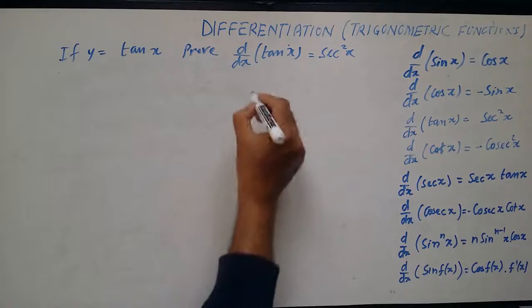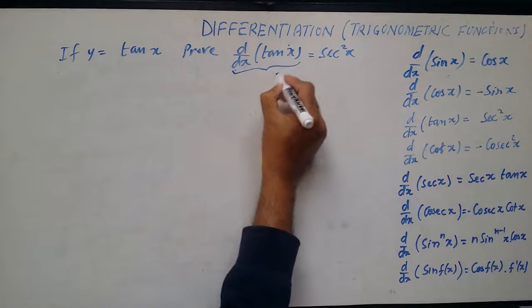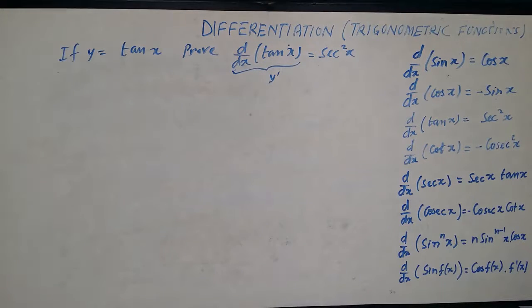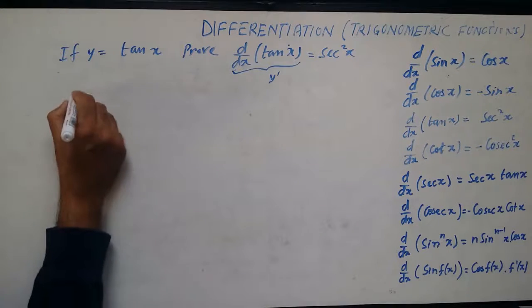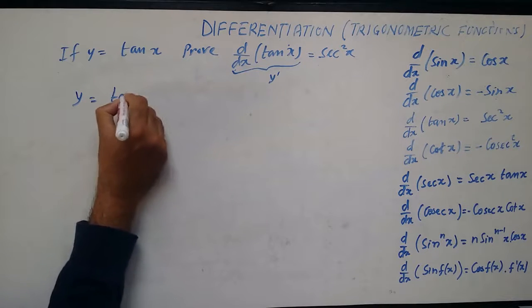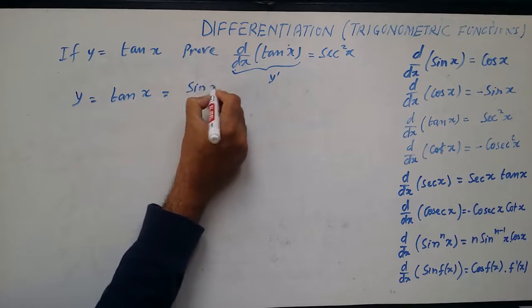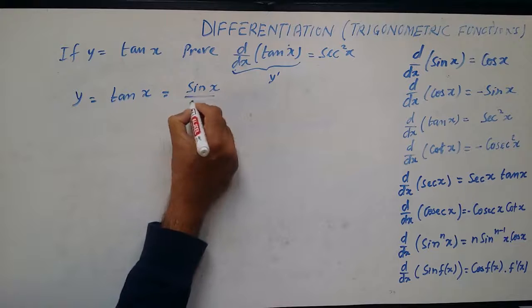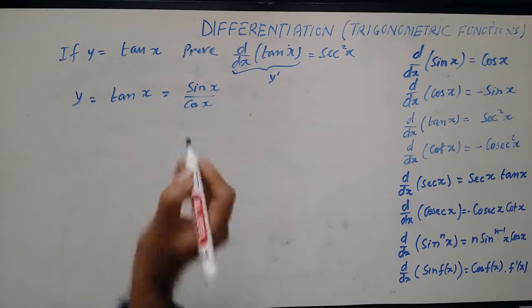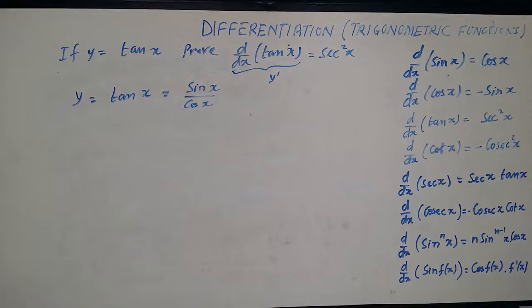So we know that y is equal to tan x. Let's split this into sin x upon cos x, because we know that tan x is sin x upon cos x. Now we will apply the basic quotient rule for differentiation of functions that is a fraction.